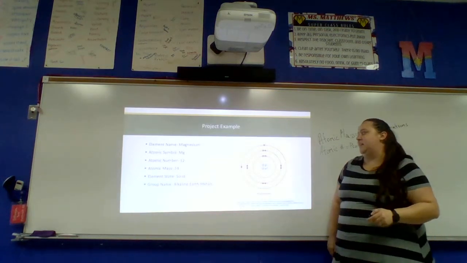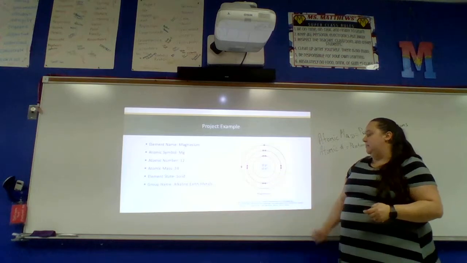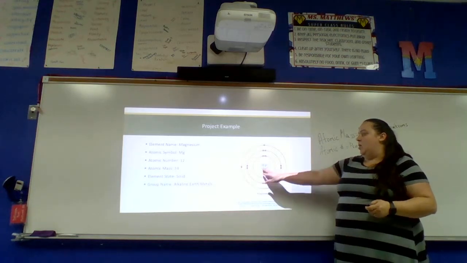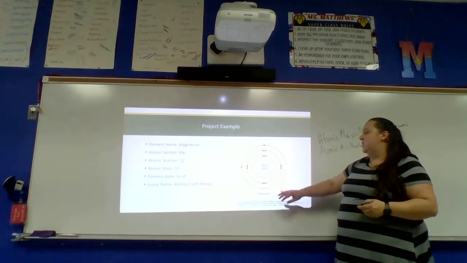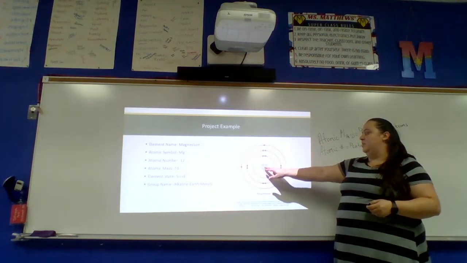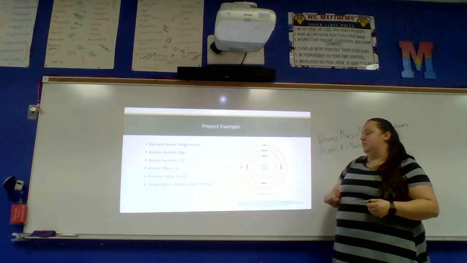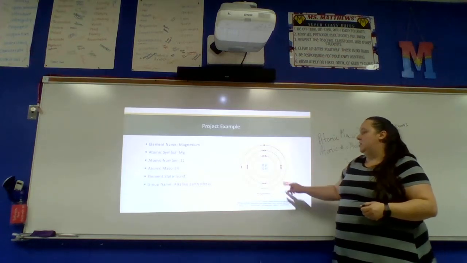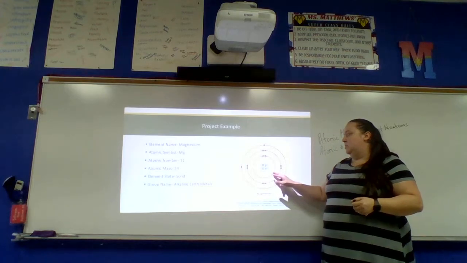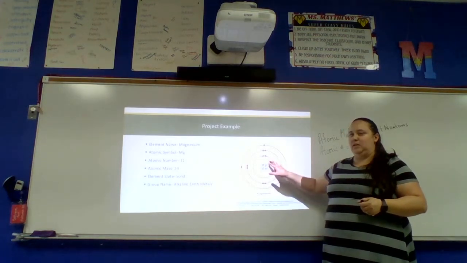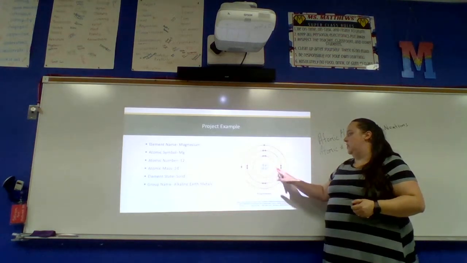An example of this is here we have magnesium. Now, drawing it in the nucleus would be difficult. So here we've got 12 protons and 12 neutrons. And since the first electron shell can only contain 2 electrons, we have 2 there.